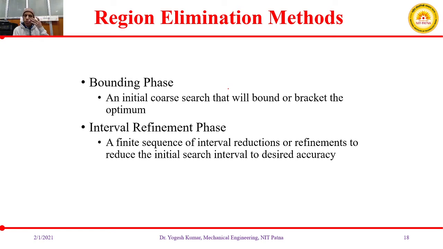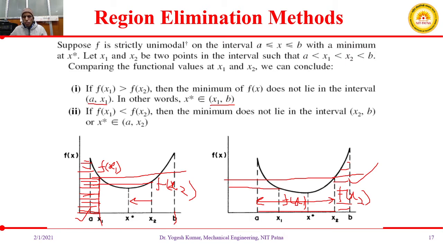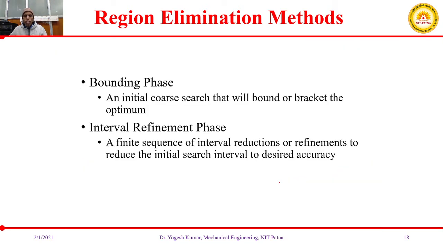In one phase we find the interval in which your global optimum value will lie, and in the second phase we refine this interval in order to get your desired accuracy in calculating the optimum value of x for the given function.